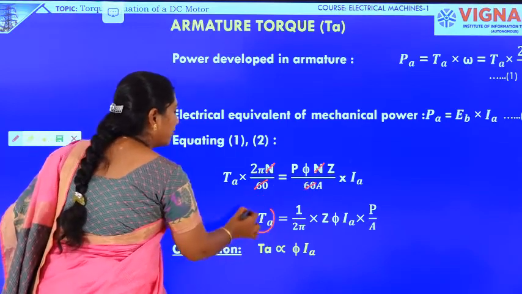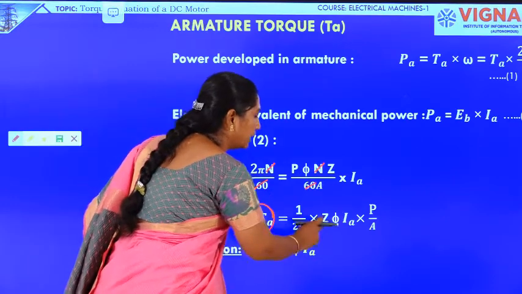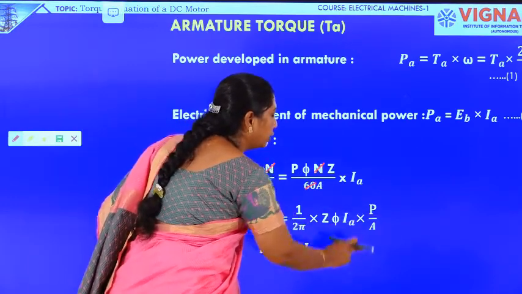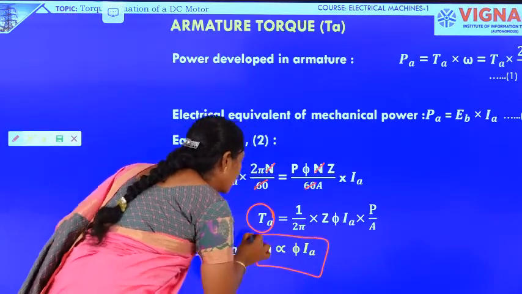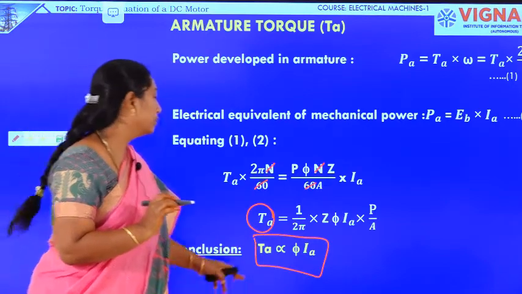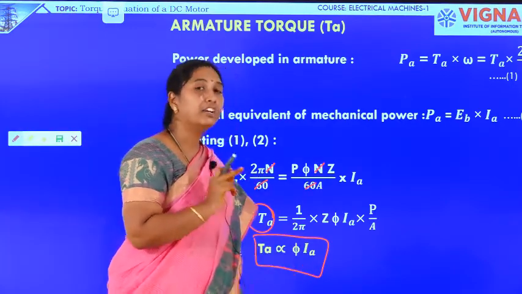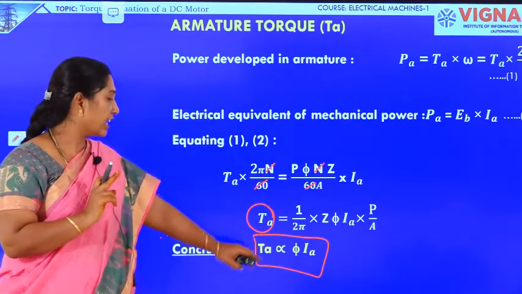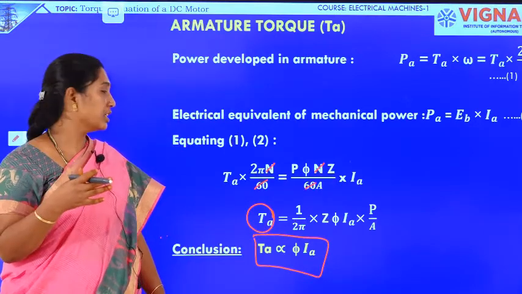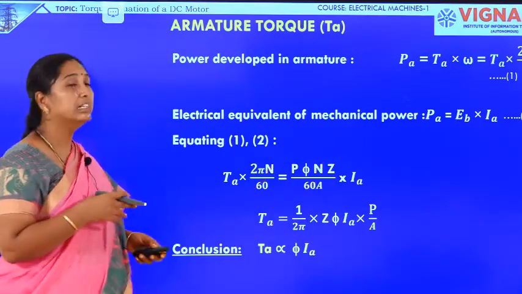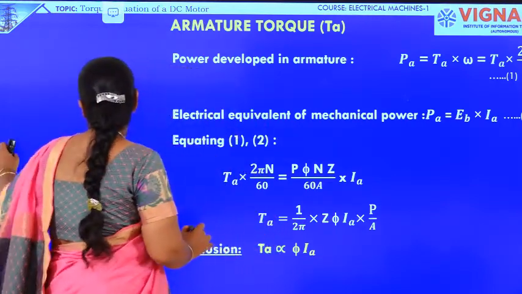So rewriting for the torque developed in the armature, we have 1 by 2 pi into Z phi Ia into P by A. It means torque developed in the armature is directly proportional to the flux of the magnetic field and the current flowing through the armature. This expression is very important for us when we consider the characteristics of various types of the DC motor. This is the torque developed in the armature.